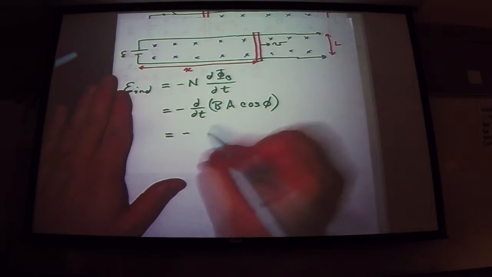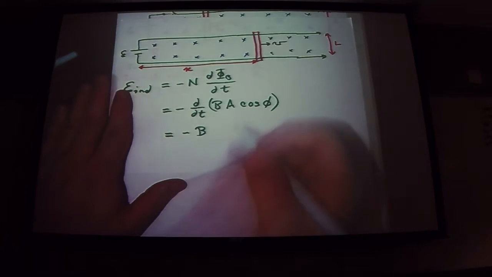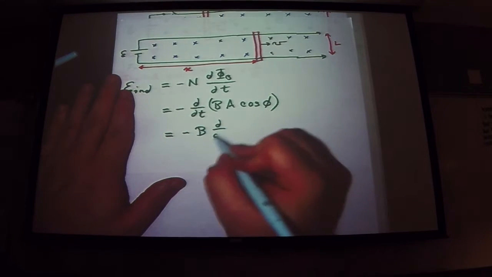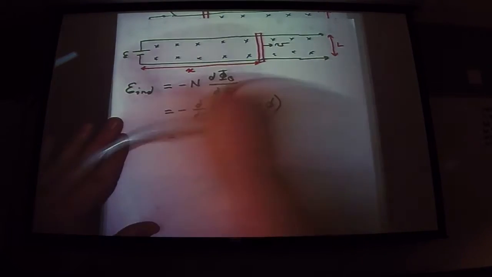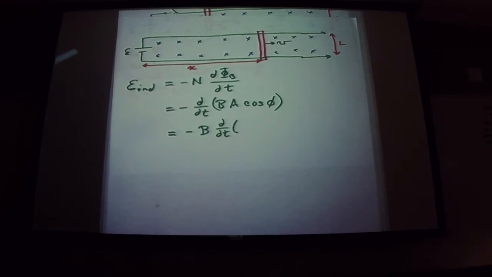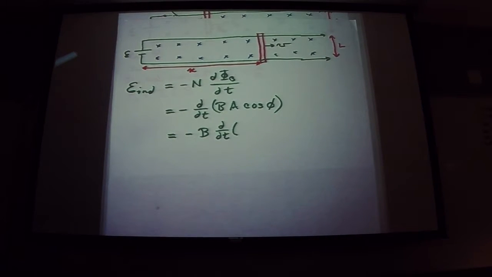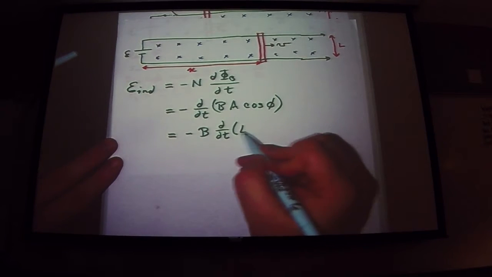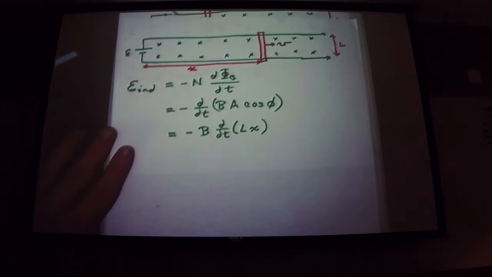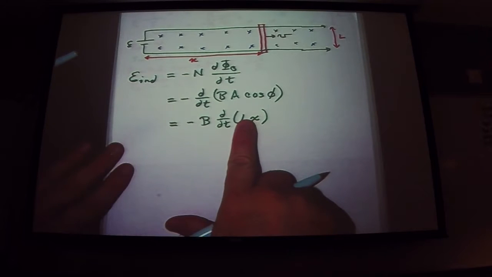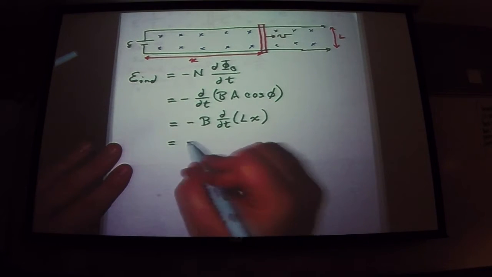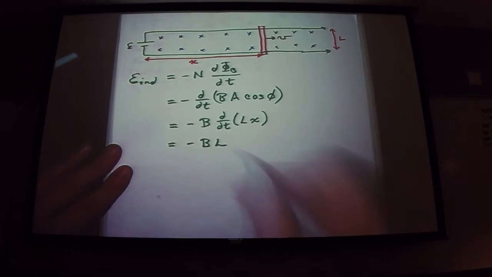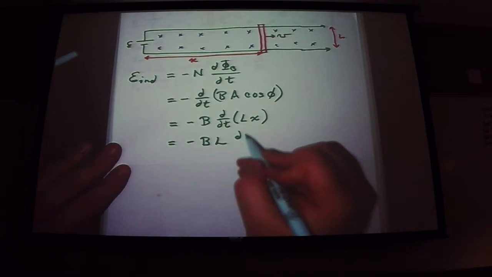Minus B comes out, d/dt of the area of this rectangle, which is Lx. It's a rectangle. L does not change with time, so we can pull that out. Minus B L dx/dt.